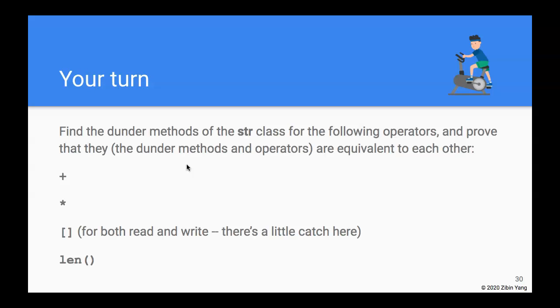They do exactly the same thing. I particularly ask you to try the square bracket for both read and write, because one of them might do something slightly different from what you may expect. I am going to end the video here, but please do make sure that you give it a try.